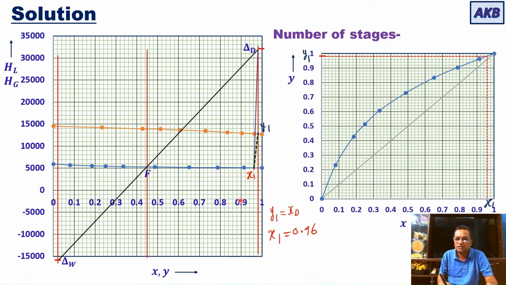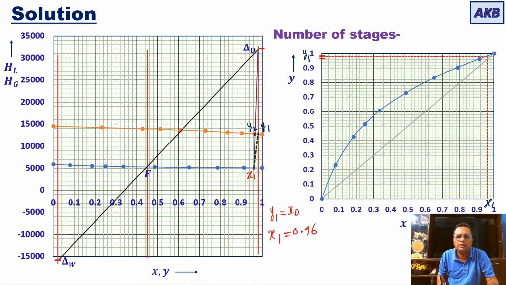Next, I have to look at the point where the construction line from x1 intersects the upper curve over here. I am locating that, and let me call it y2. So y2 is that point where the construction line from x1 intersects the upper curve. I am going to take this y2 and go to the distribution diagram.